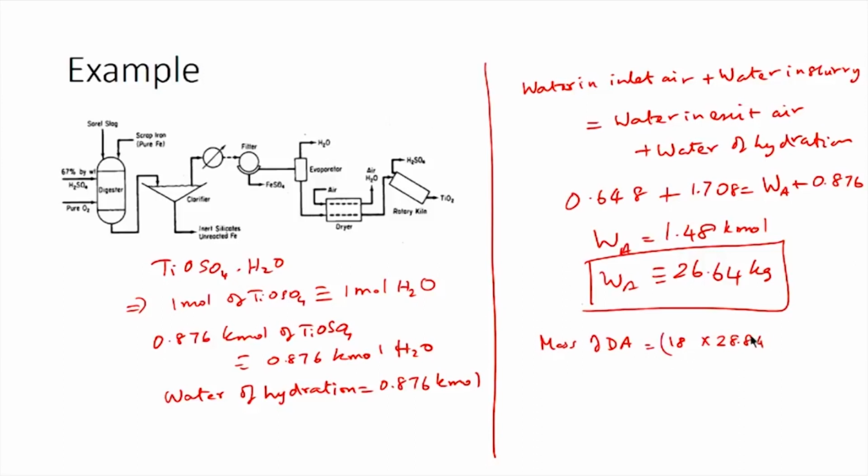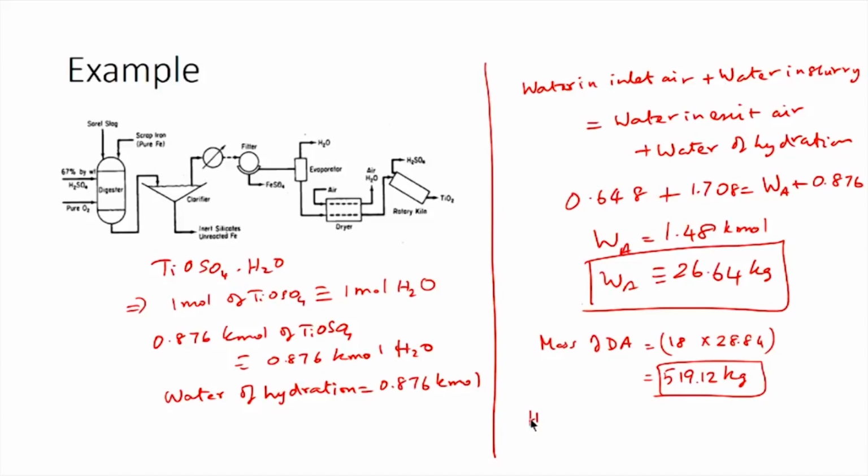Using this, mass of dry air would be equal to 519.12 kilograms. So, for 519.12 kilograms, you have 26.64 kilograms of water leaving.